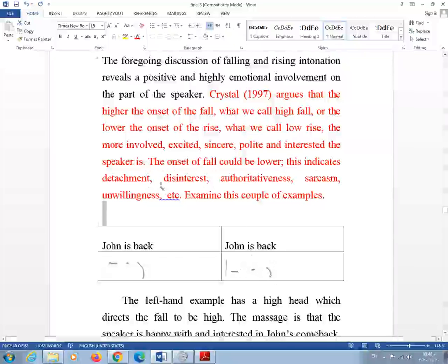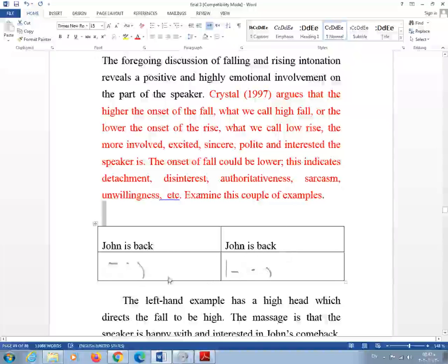This indicates detachment, disinterest, assertiveness, sarcasm, unwillingness, etc. So this gives positive and strong emotion, and this gives negative emotions and things which show detachment, assertiveness, etc.